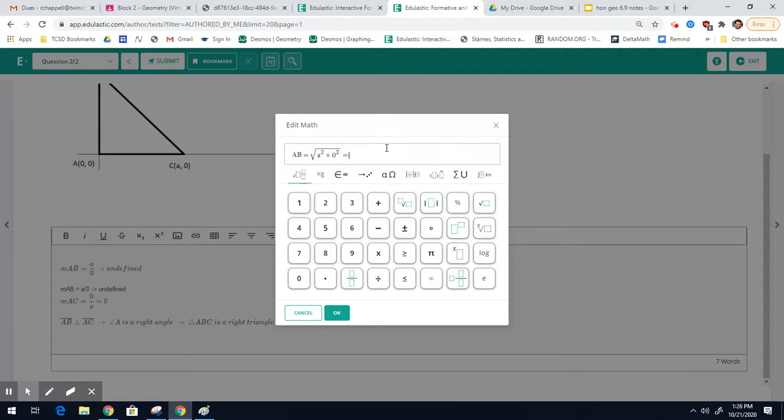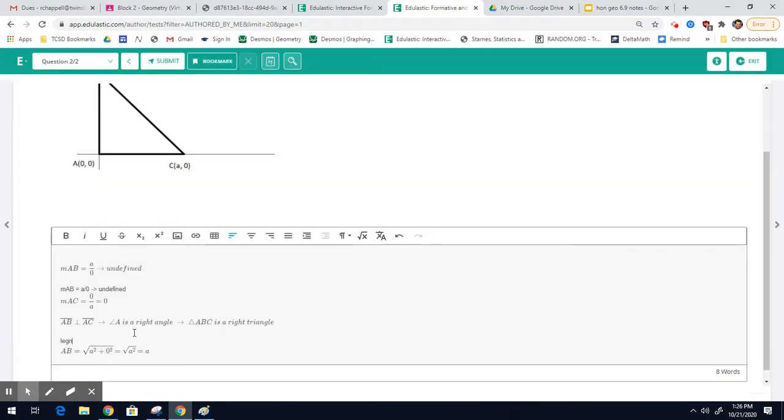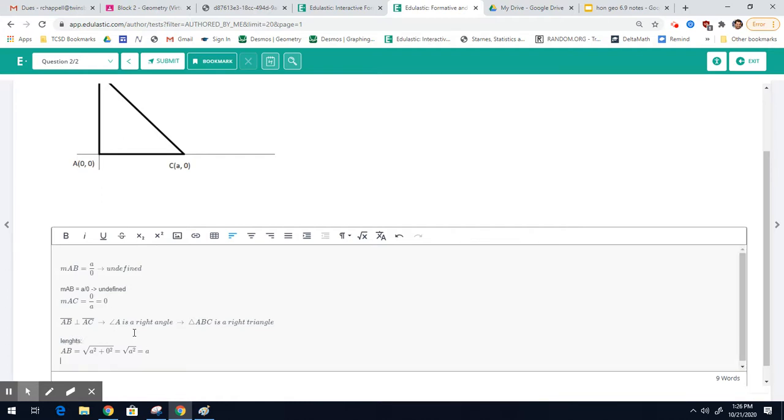Well, A squared plus 0 squared is just A squared. That's the square root of A squared. And if you take the square root of A squared, that gives you a length of A. The squared and the square root cancel, and there's your length of AB, A. I'm finding lengths now. All right, lengths. Do the same thing with AC.